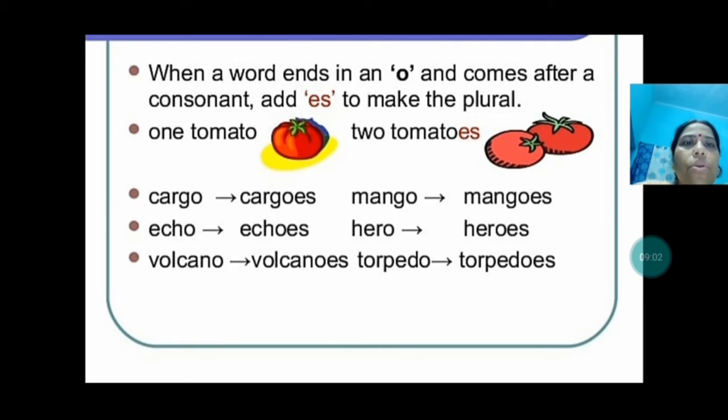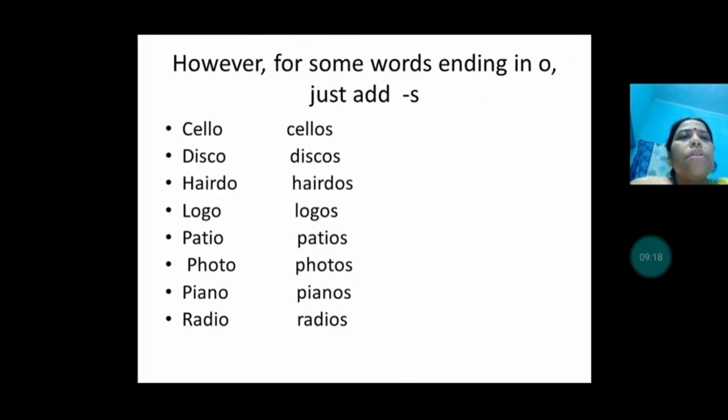Cargo, cargoes. Singular is cargo, and we will make plural by adding ES. Echo, echoes. Volcano, volcanoes. Mango, mangoes. Hero, heroes. Torpedo, torpedoes. Potato, potatoes.